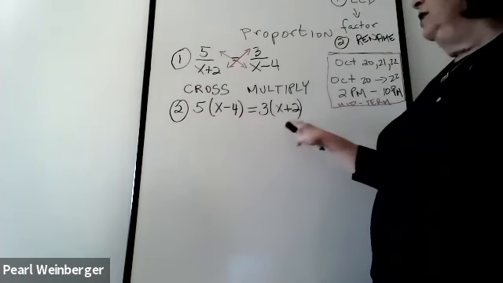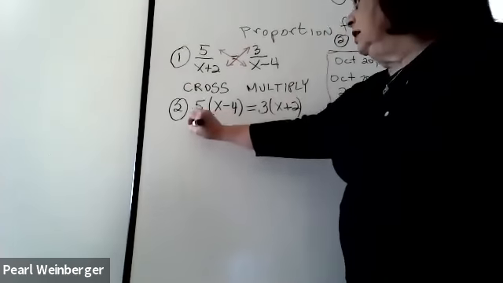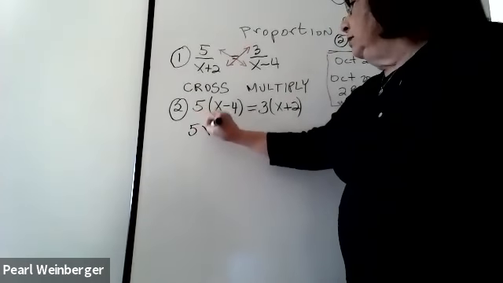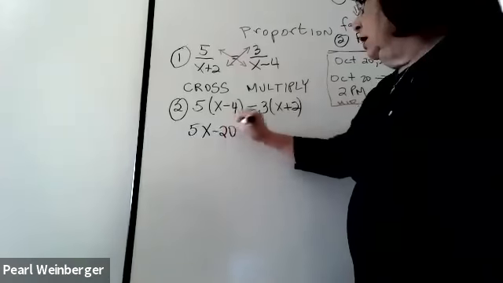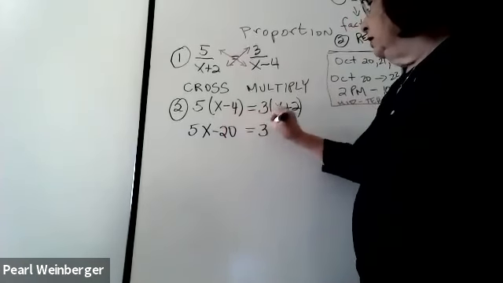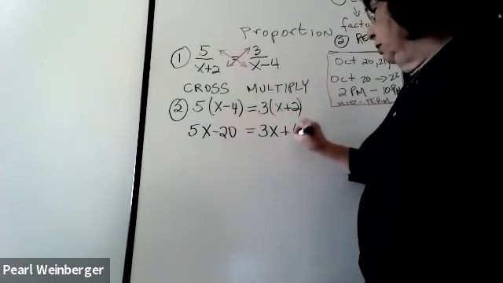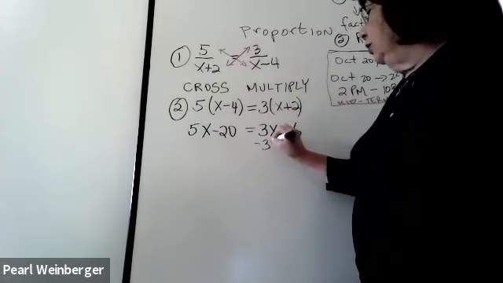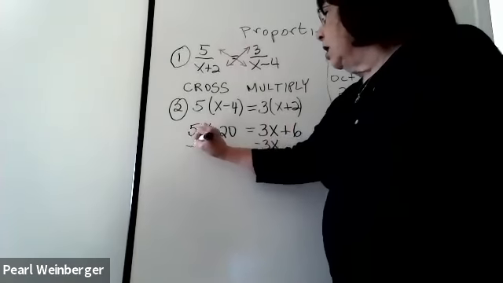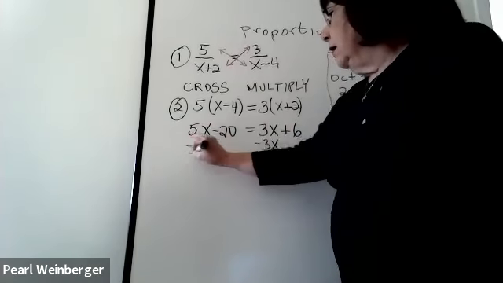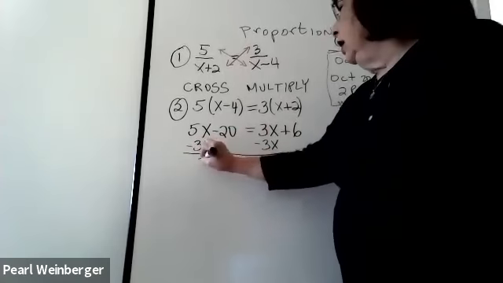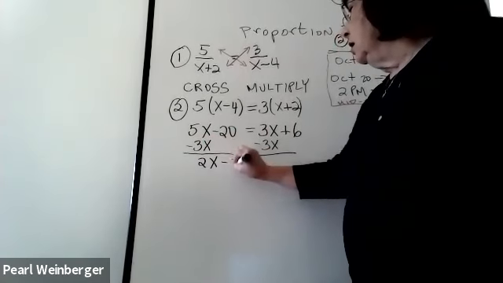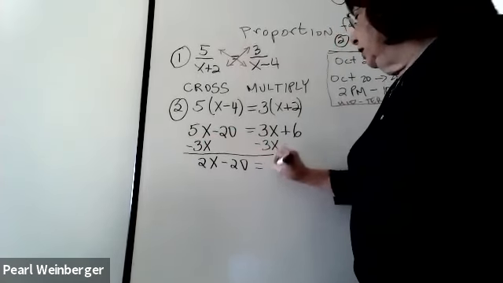We can solve this just by removing the parentheses. We get 5x minus 20 equals 3x plus 6. We use the distributive property. We'll subtract 3x from both sides, which will give me 2x minus 20 equals 6.